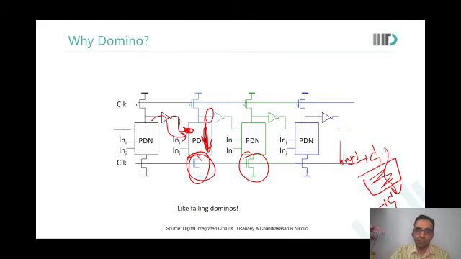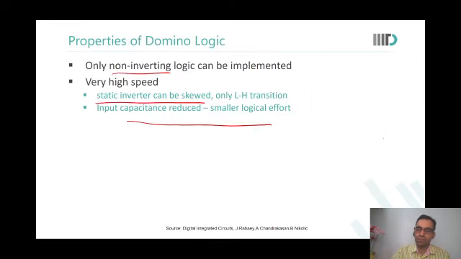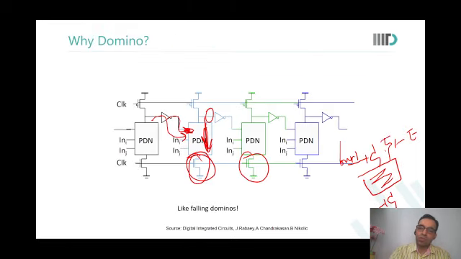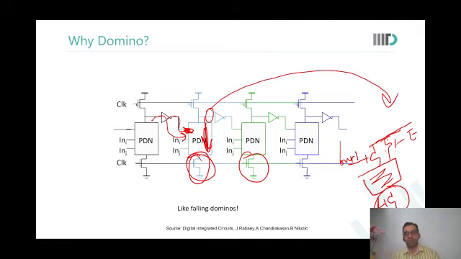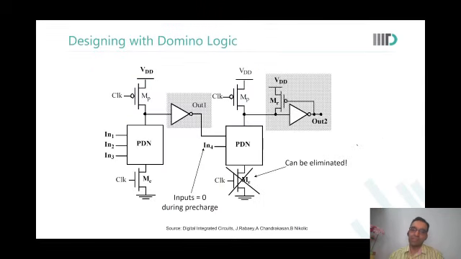Now, let us say in parallel to out1, there was some other signal also, let us say E, that was coming. Then you still need this footer, because otherwise the output load over here will start to get discharged through this other path. Basically, I need to ensure that out1 is the latest signal that is arriving.